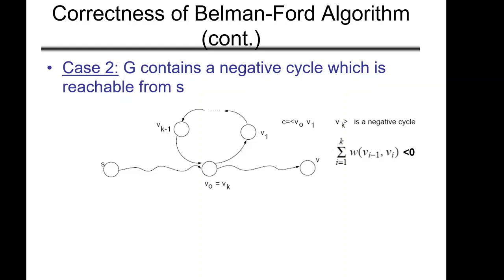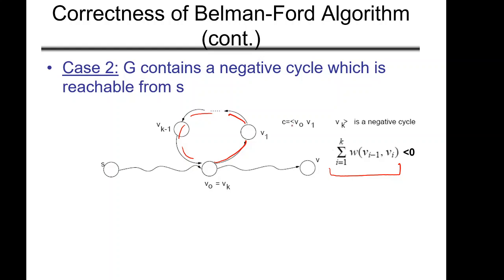Let us assume that there is a negative weight cycle from v0 to vk, where v0 and vk are equal, and this is the negative weight cycle. If you take the sum of the edge weights of this negative weight cycle, the weight is less than 0 because it is a negative weight cycle.